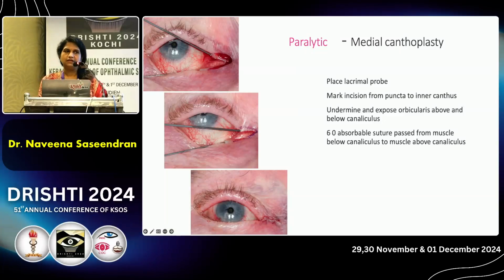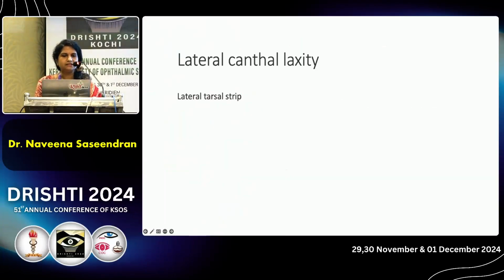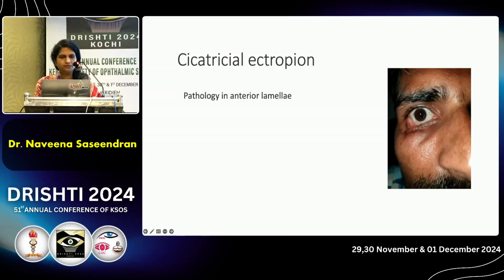Temporary includes taping of the lid, lubricants, and permanent includes lateral tarsorrhaphy. And another method is medial canthoplasty. Here, a raw area is created medial to the punctum in both upper and lower lid, and it is sutured directly, taking care of the canaliculus. Lateral canthal tendon laxity can be managed by lateral tarsal strip, as explained before.